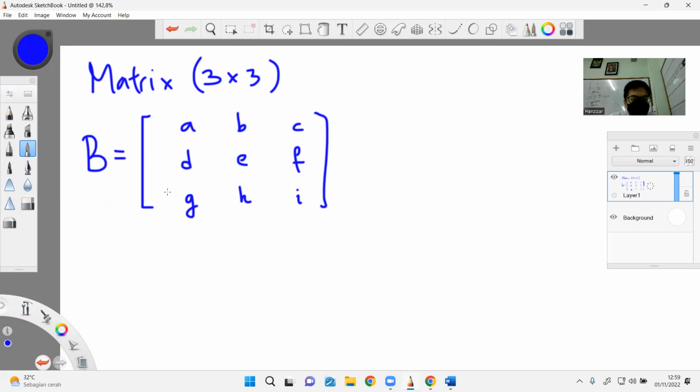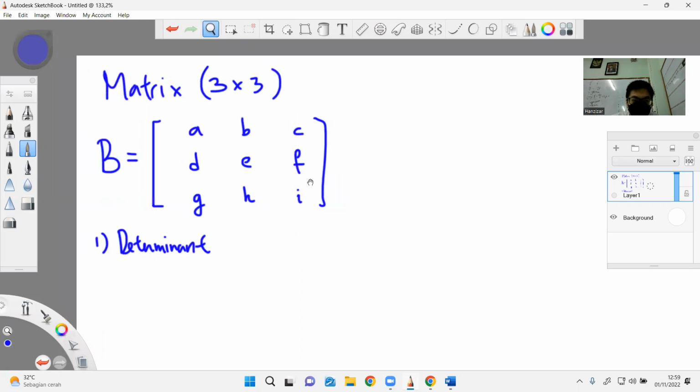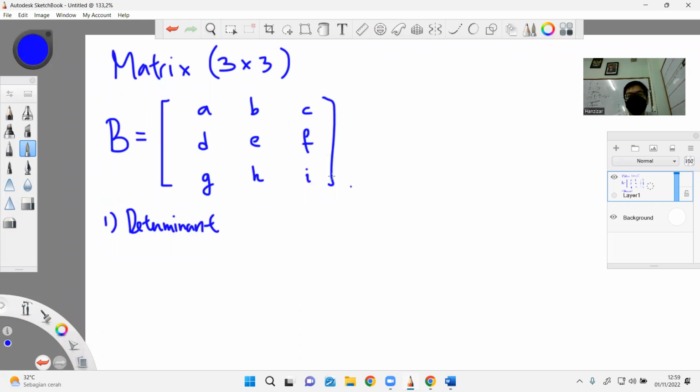First, you need to find the determinant. It requires a lot of working. So how do I find the determinant? For 2 by 2, AD minus BC, that's simple. But in order to find the determinant of a 3 by 3 matrix, what you need to do is this, follow.